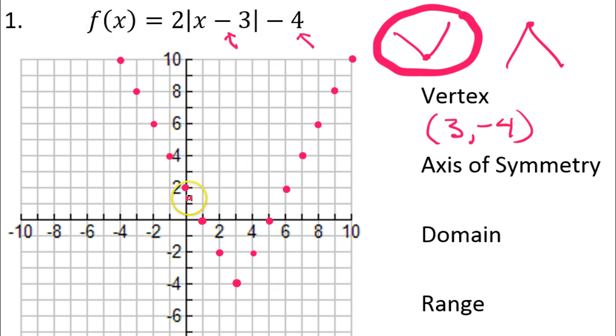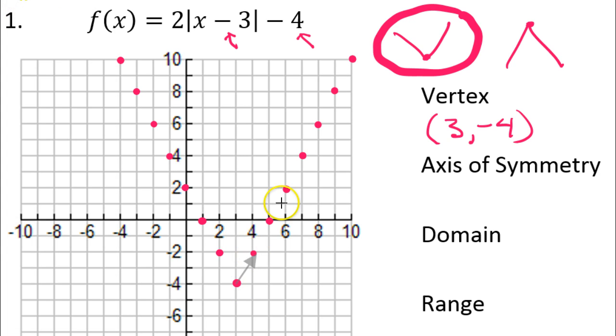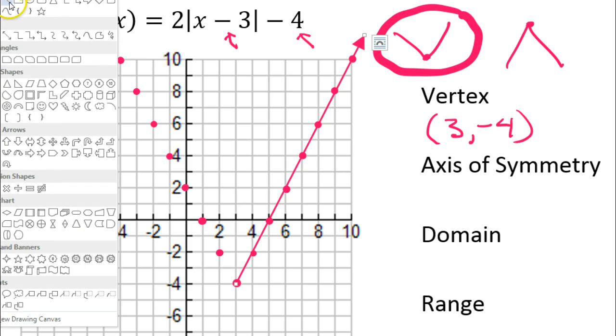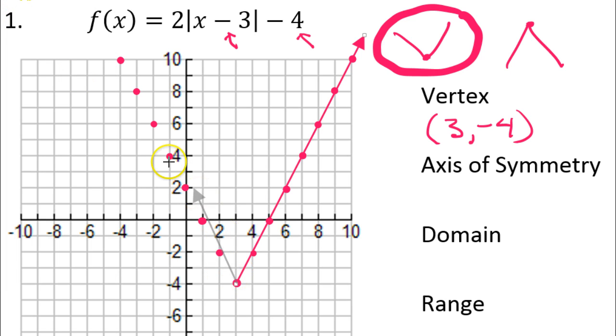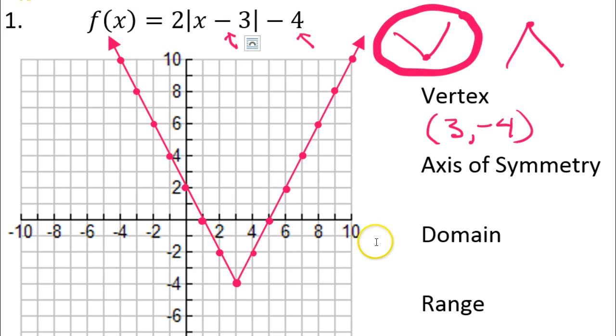All we need to do is connect these with a segment, or technically we should do a ray, so why not go ahead and actually do a ray. And that's how you graph an absolute value function.